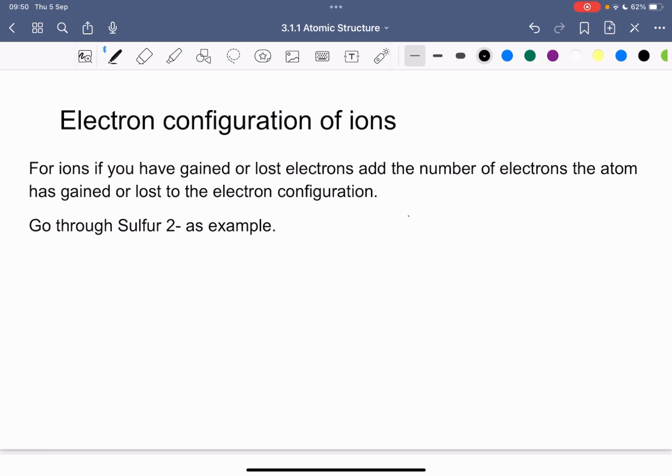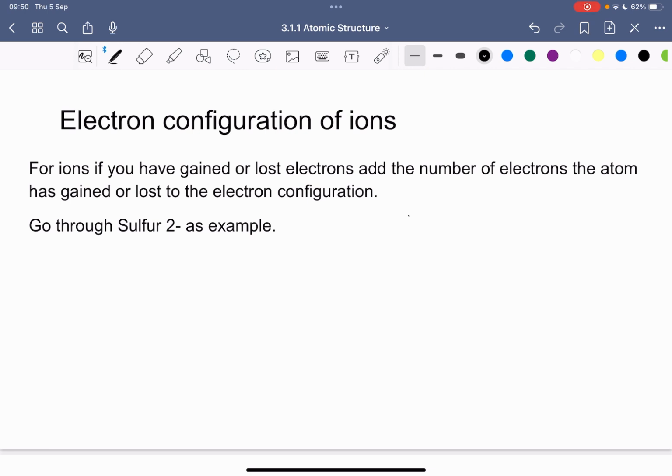So sulfur has 16 electrons, if you look at your periodic table. If you gain 2 electrons, since it's a -2 charge, you now have 18 electrons. So now it has the same electron configuration as argon.